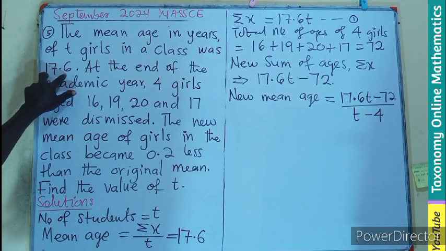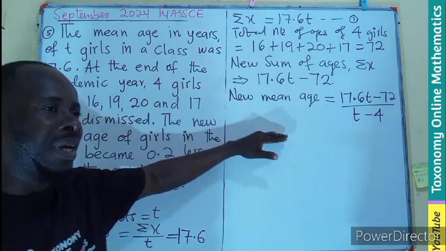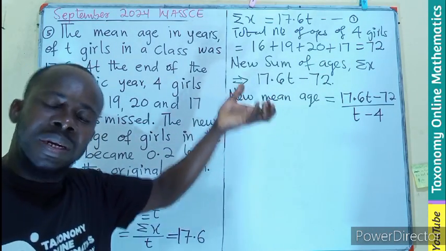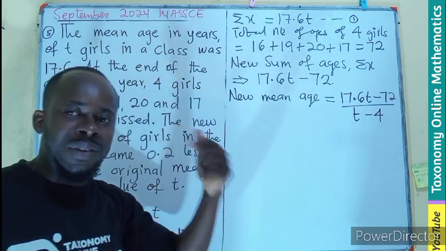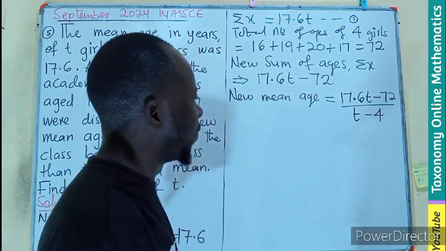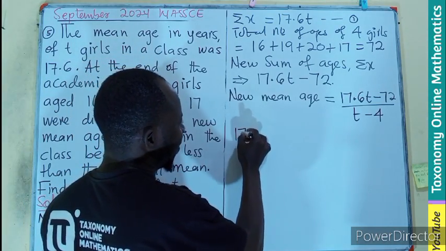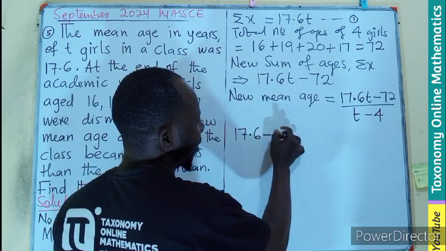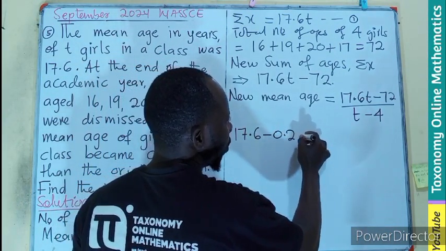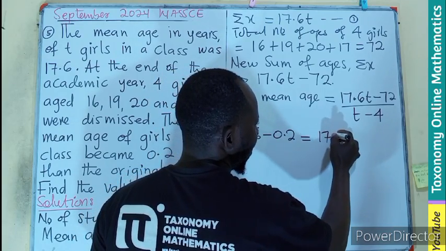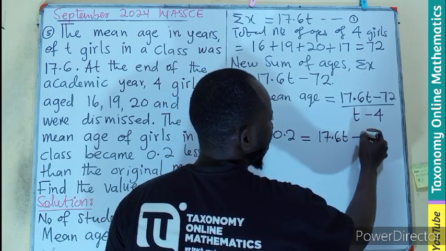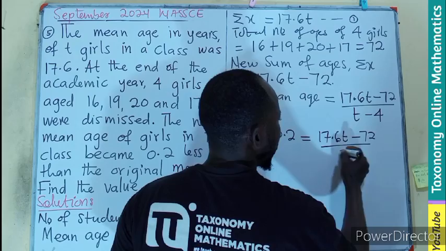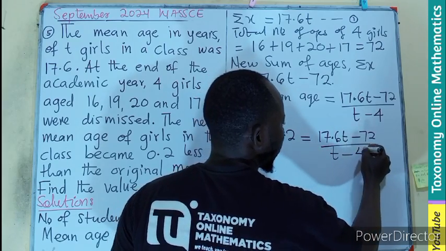What is the original? This. So this second mean is less than the first mean by 0.2, meaning the whole of this becomes 17.6 minus 0.2 equals 17.6 T minus 72 divided by T minus 4.